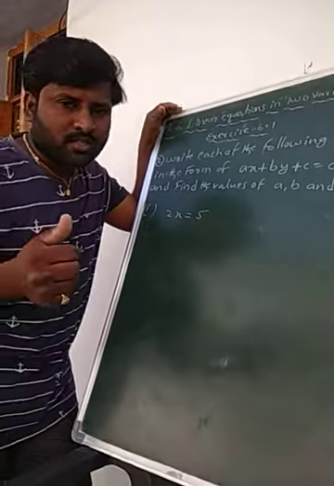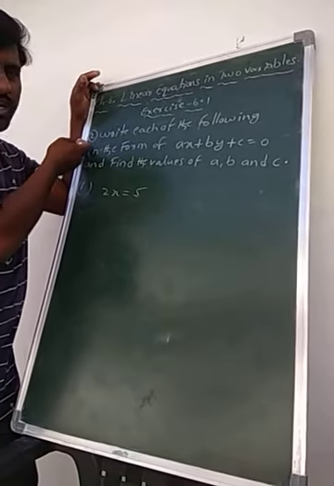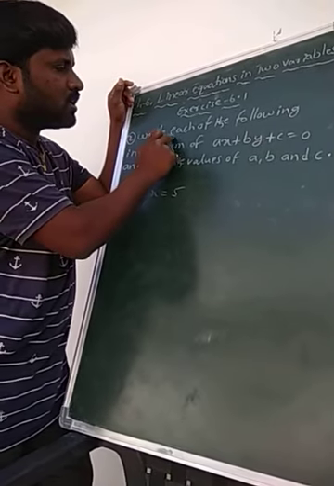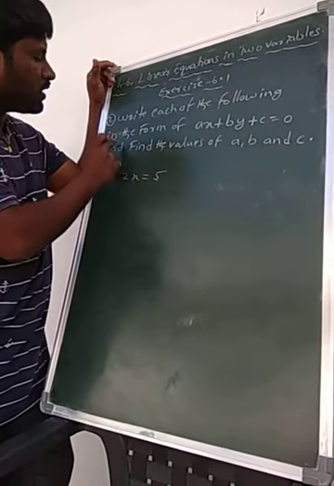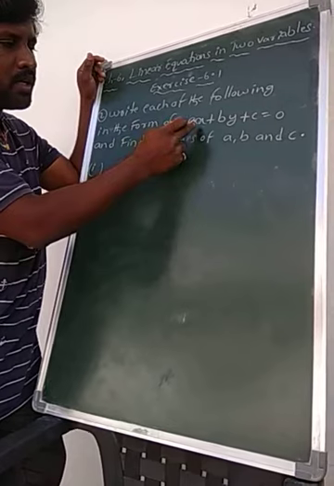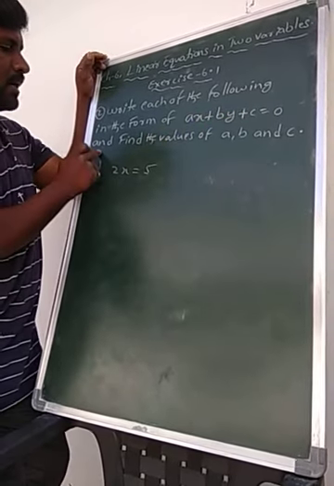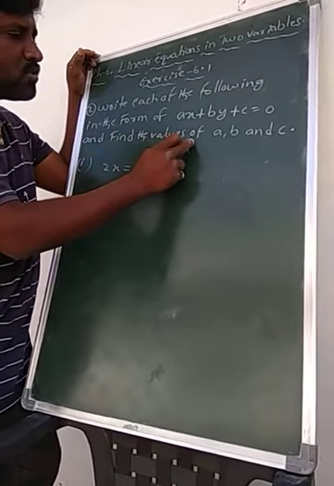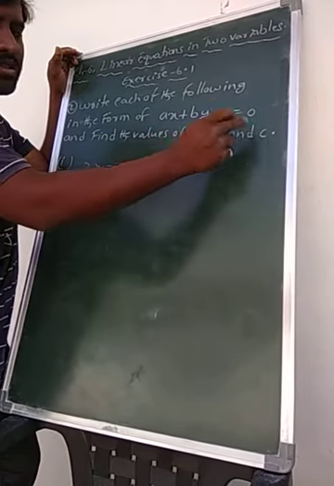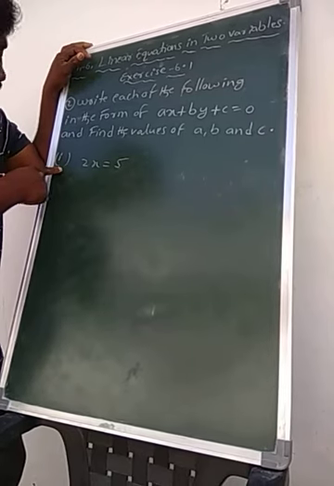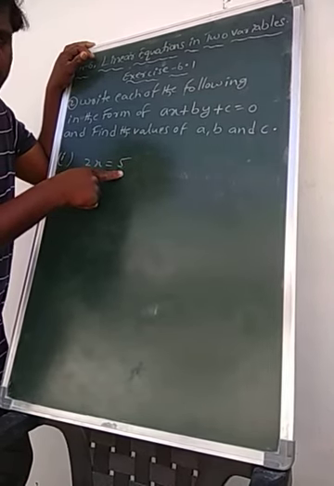Okay students, now the second question is given like this: write each of the following in the form of ax plus by plus c is equal to 0, and find the values of a, b and c. In that, the first question is 2x is equal to 5.